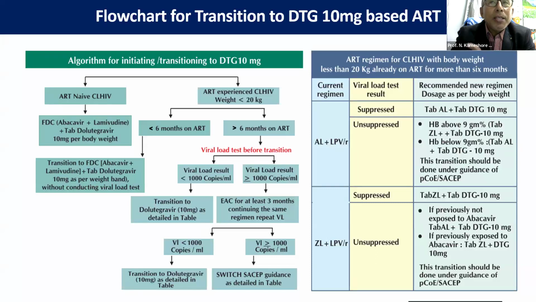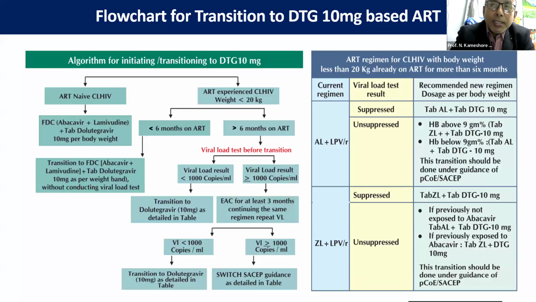If the child is on ART for less than 6 months, we do the transition to abacavir, lamivudine, and dolutegravir, of course as per the weight band, and viral load testing is not required.